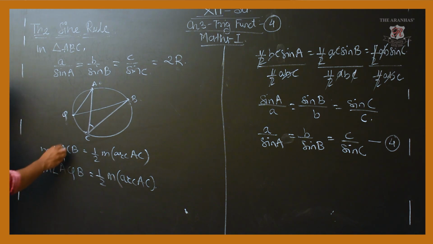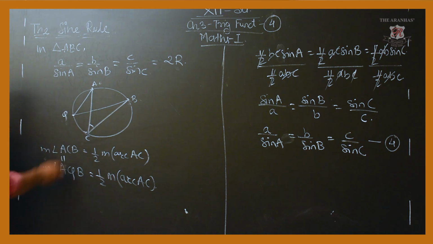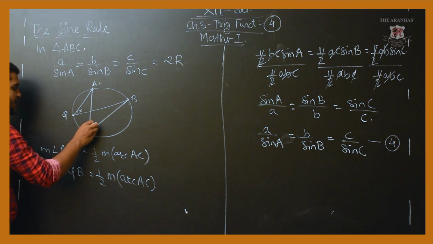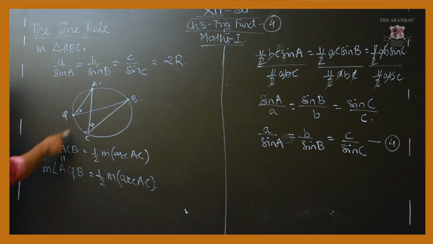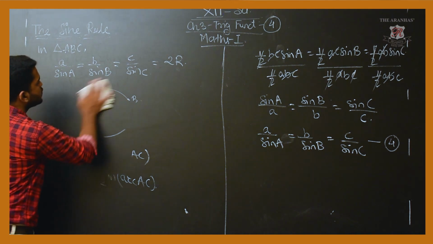So what I got to know is that if we have one or two or many angles for which the arc inscribed is same, then these angles are equal to each other. Therefore angle ACB, that is this angle, is equal to angle AQB. So these angles are equal to each other. So this property we will be using here.